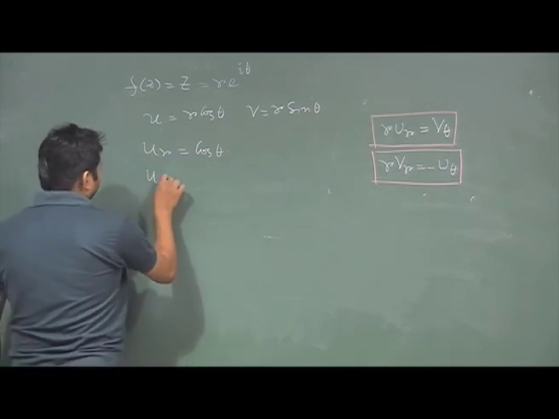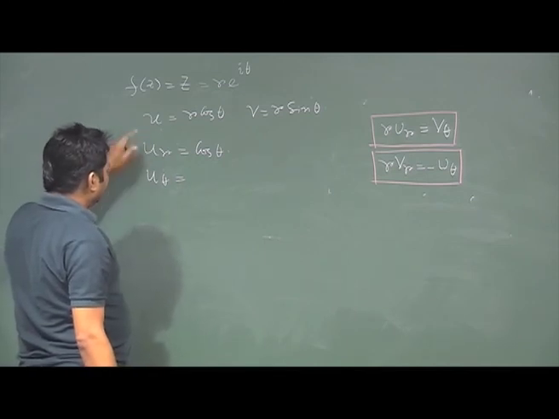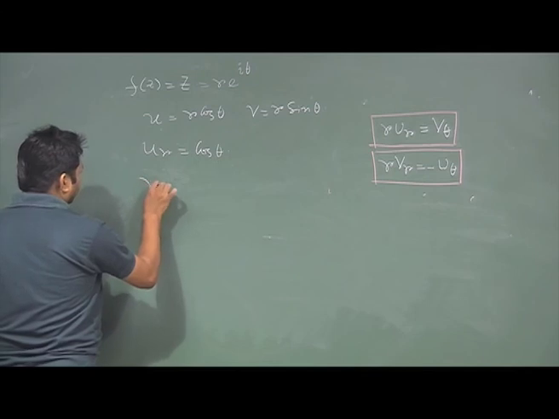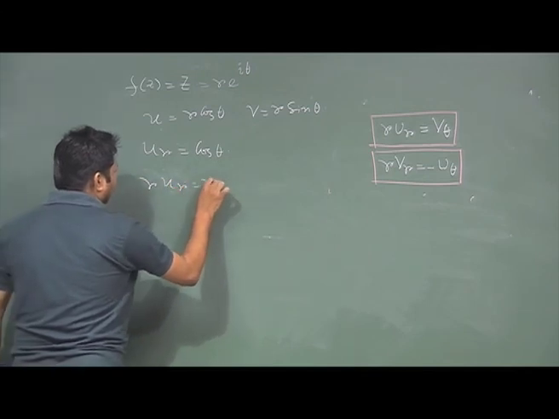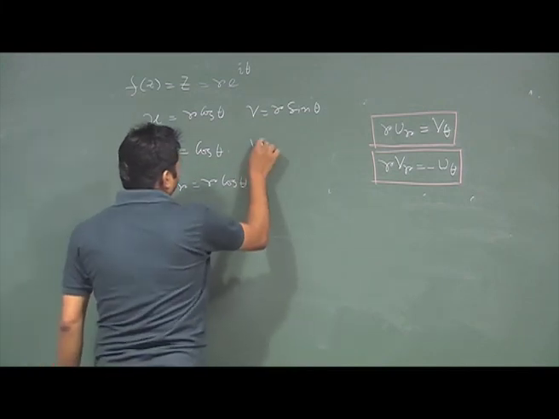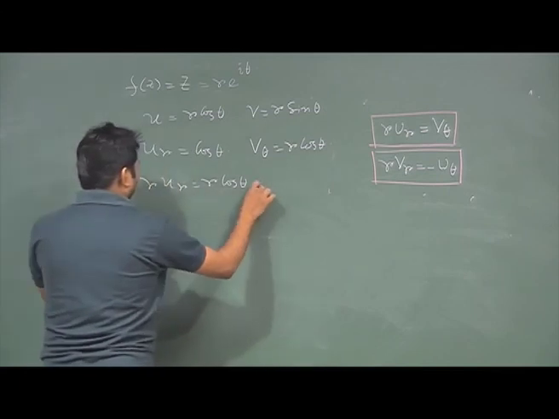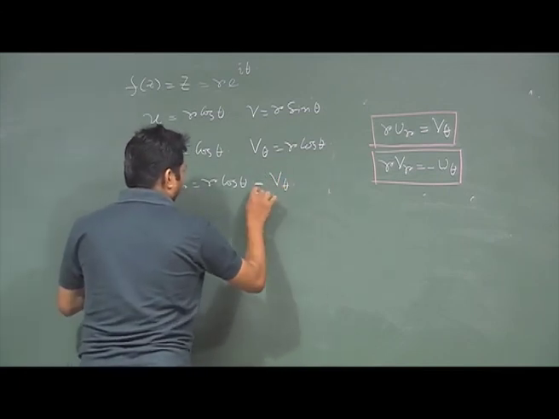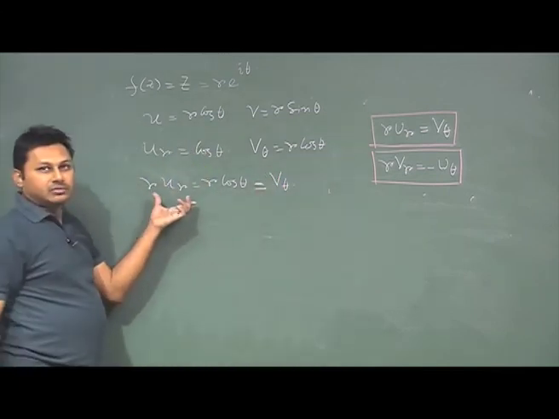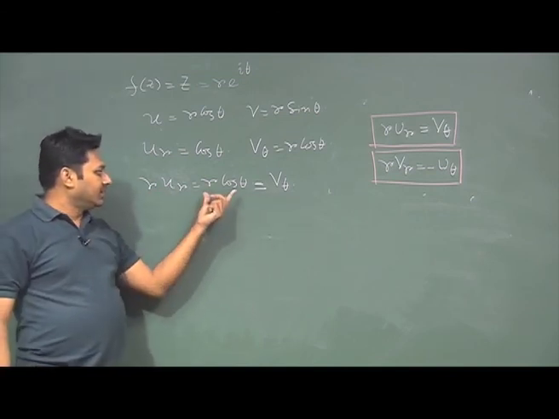Okay, r u r is how much? r u r is r cos theta. What is v theta? v theta is r cos theta. So, first equation they satisfy quickly. So, r u r is v theta, they are satisfying.